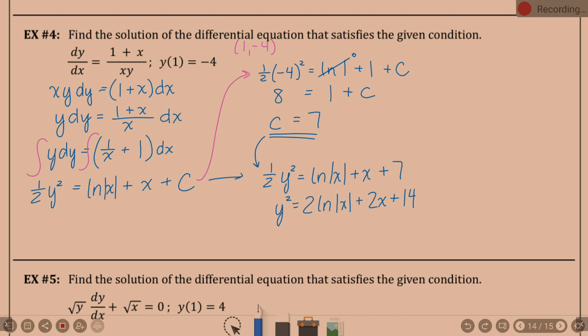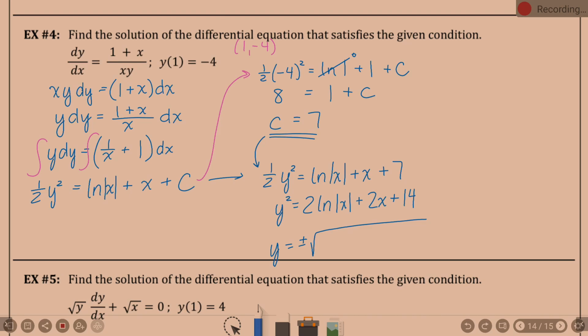I'd be tempted to leave it like that, although I do have, what's the other option? Instead of y squared, you could say y equals what? Plus or minus the square root. Now, and I don't know that you'd have to. What's an option of what we can do with this 2 in front of the ln?